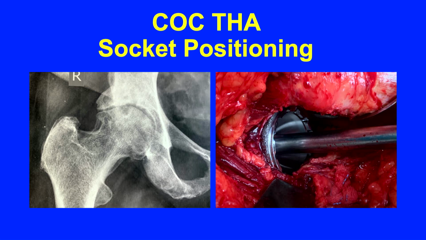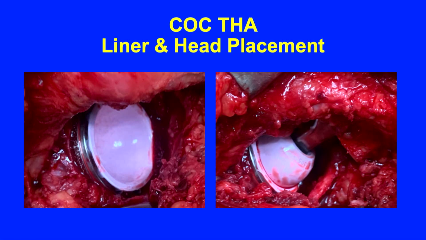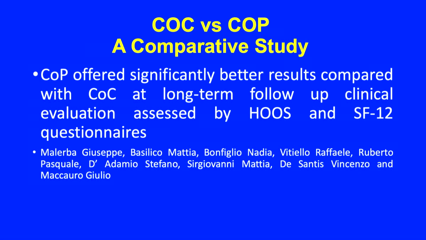What is important when you're doing a ceramic on ceramic is the positioning of the socket. You need to be very perfect in putting your socket in a proper position of inclination and version. If you do that correctly, and if you put your liner perfectly correctly, along with your combined anteversion, I think you can have excellent results, and long-term results should be good.